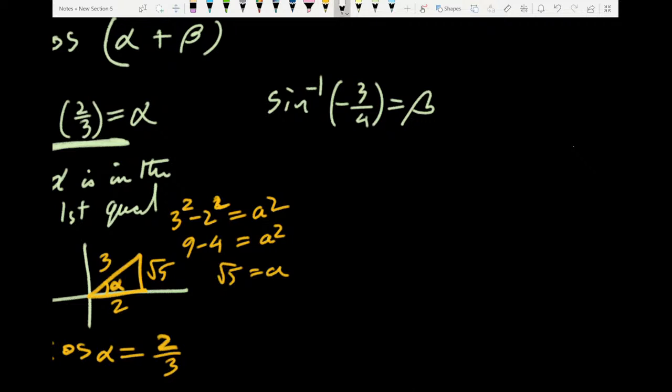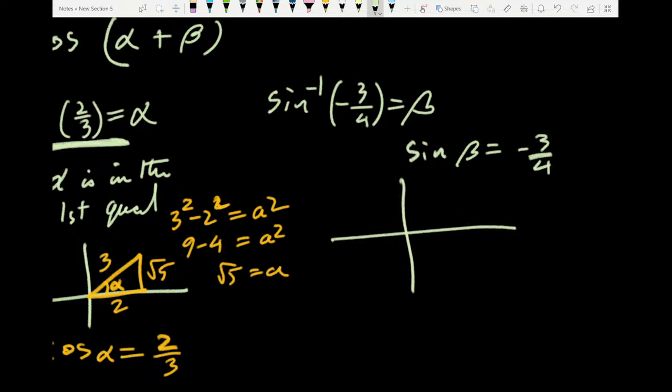This tells you what? Sine of beta is negative 3 over 4. And we're looking at sine inverse. So what quadrant are we looking at? Fourth quadrant, because sine inverse lives in the first and the fourth quadrant. And it's opposite over hypotenuse, and the y value is negative. So negative 3 over 4.